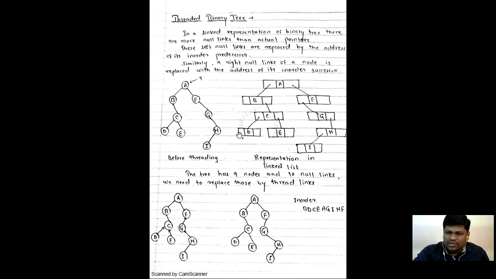Now here, you can consider the leaf node. What is the value of the left link? Null. And here, what is the value of the right link? Null. Now what we are doing here is replacing the values of this left null and right null by using the thread link.